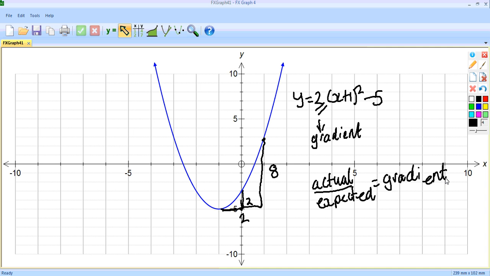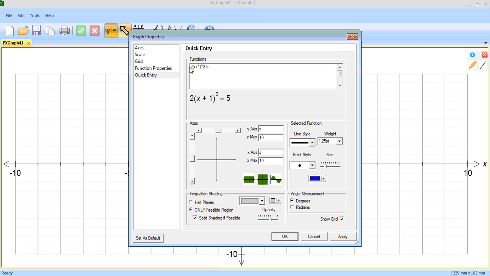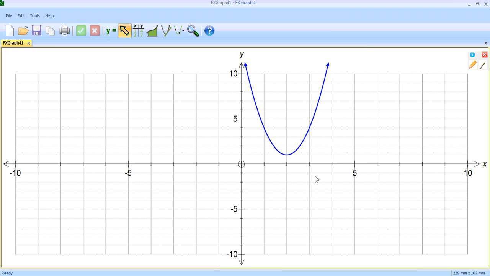Right, so let's have a look at another one. How about I make that a 3, make this one a minus 2, and this one we'll just make a plus 1. Okay, so now we've got another graph here. Lots of different things have gone on.